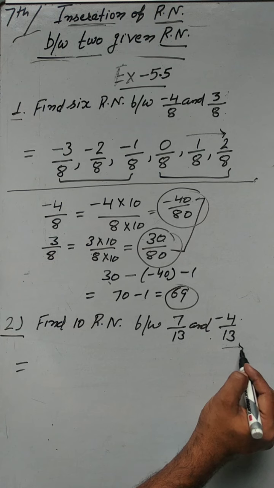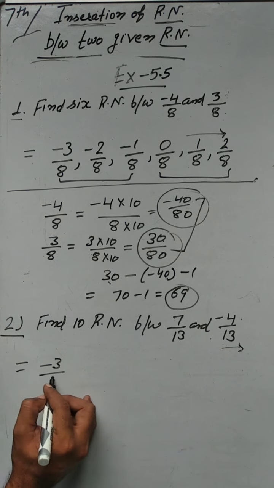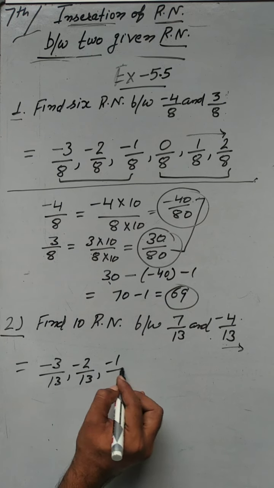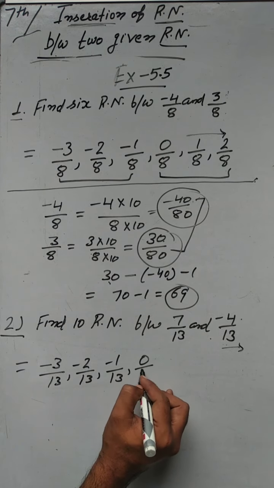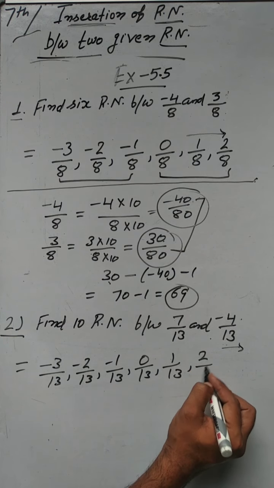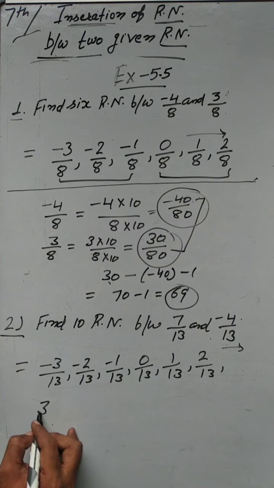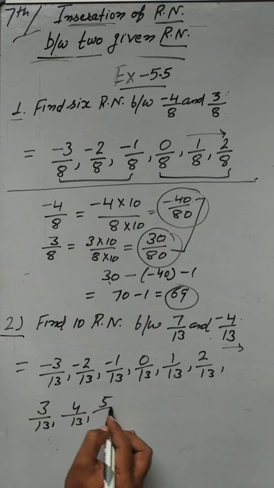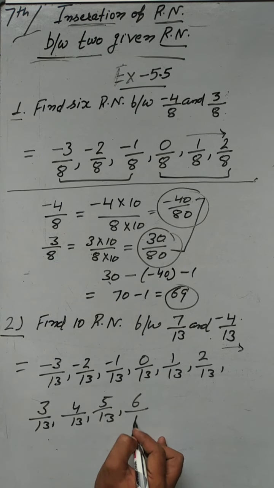On that side the next numbers will be minus 3 upon 13, minus 2 upon 13, minus 1 upon 13, 0 upon 13, 1 upon 13, 2 upon 13, 3 upon 13, 4 upon 13, 5 upon 13 and 6 upon 13.